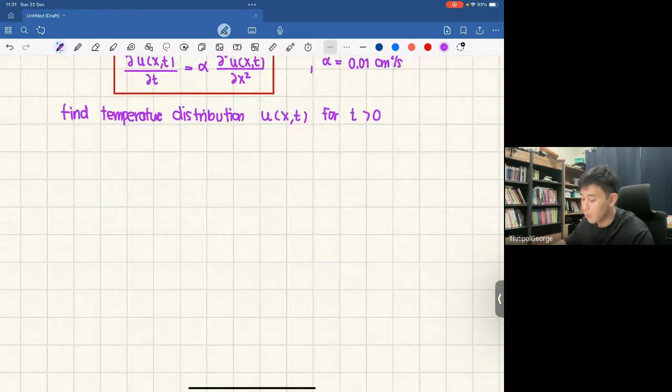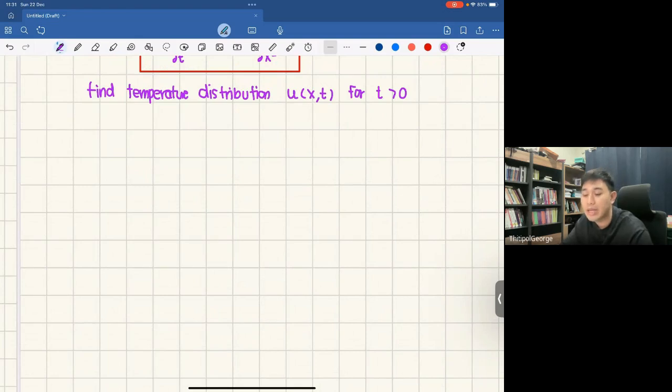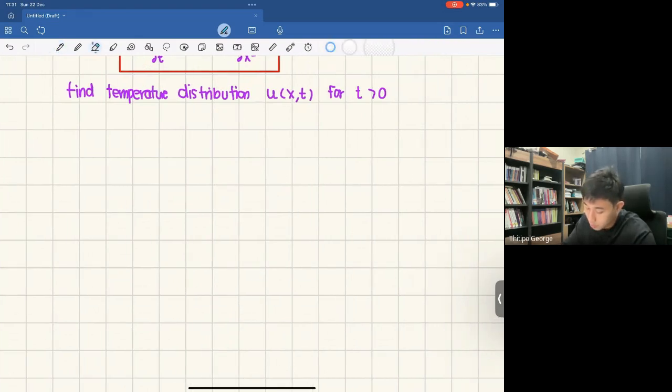So first of all, we need to apply the boundary and initial conditions. So let me apply the boundary and initial conditions.